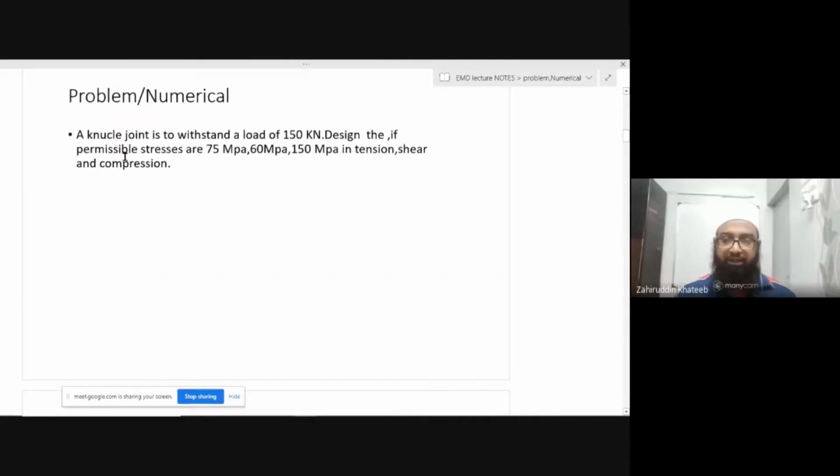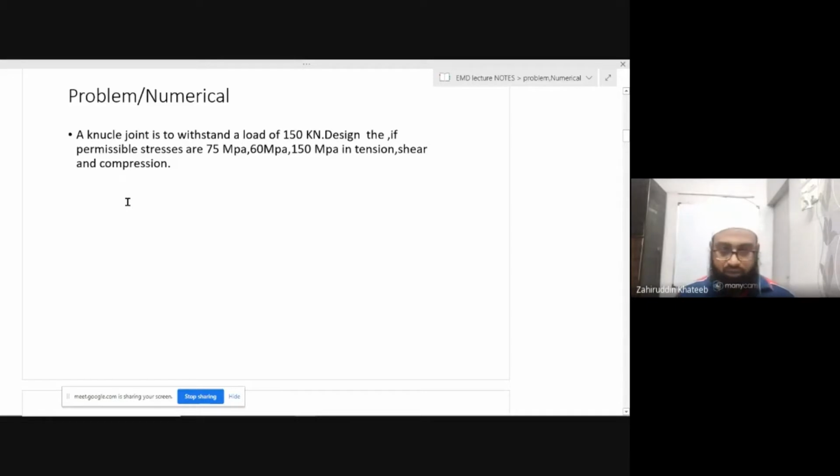A knuckle joint is to withstand a load of 150 kilonewton. Design the knuckle joint if permissible stresses are 75 MPa, 60 MPa, 150 MPa in tension, in shearing and compression.